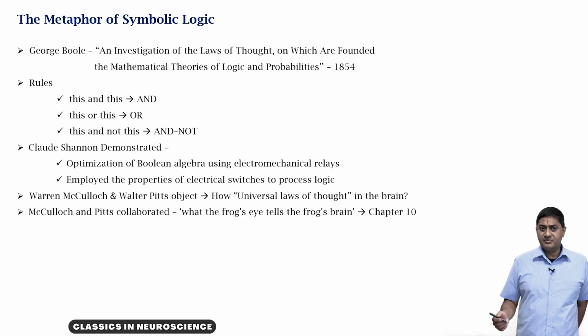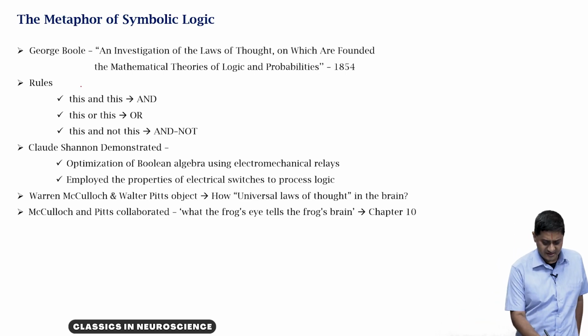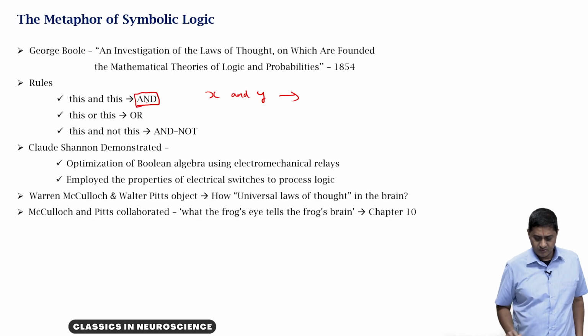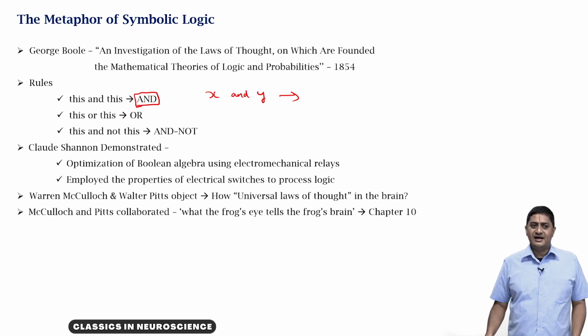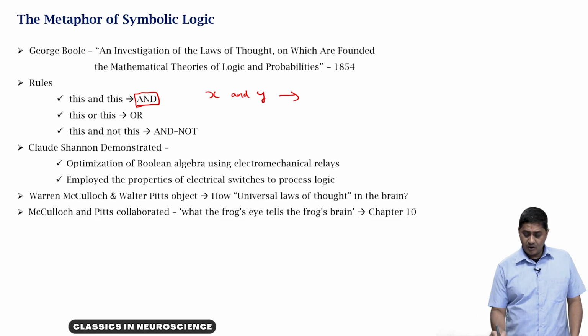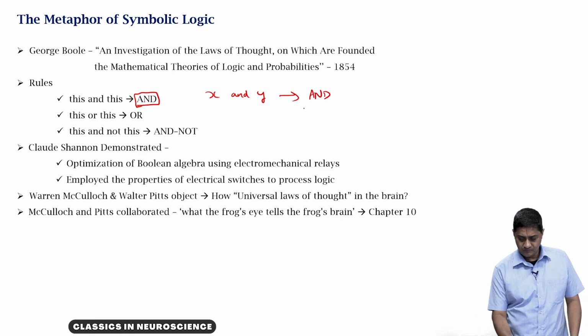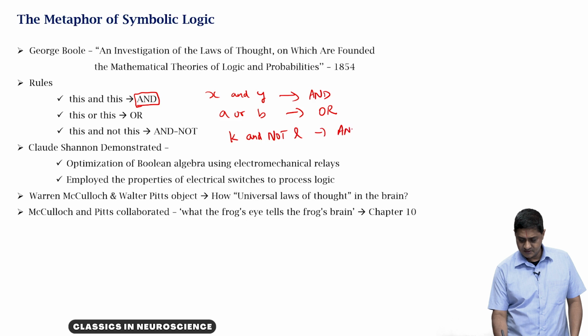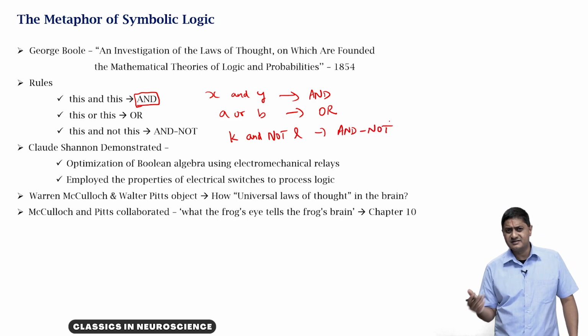When you say, for example, this and this, or x and y, it can be communicated with one command, and A or B, or K and not L, this and not, or essentially just not.